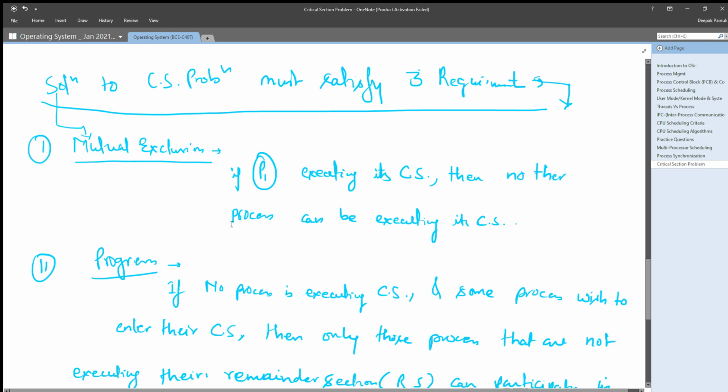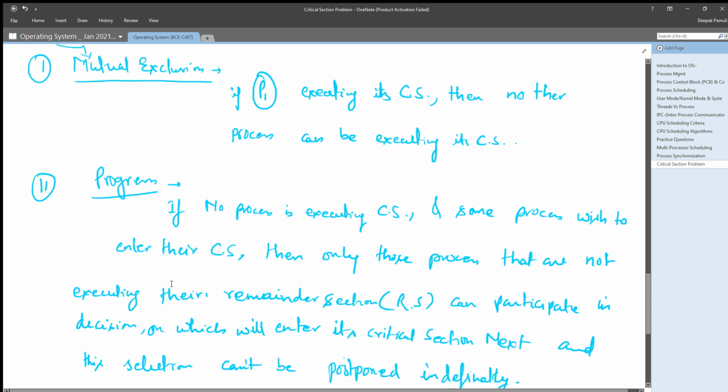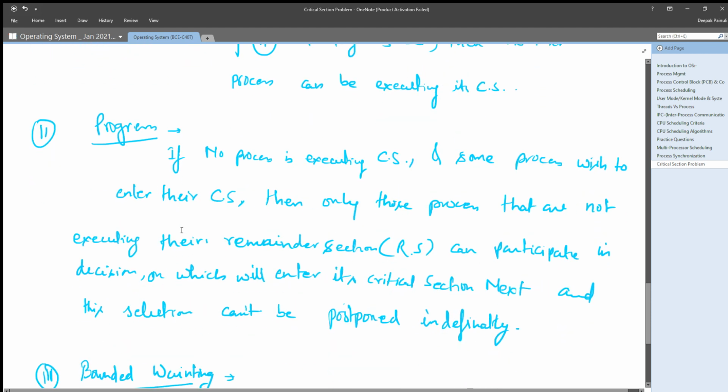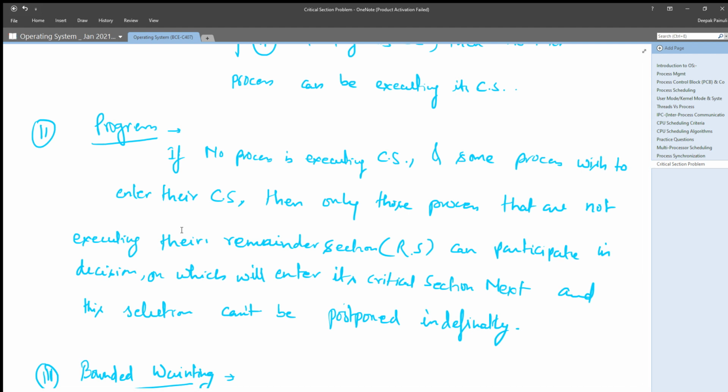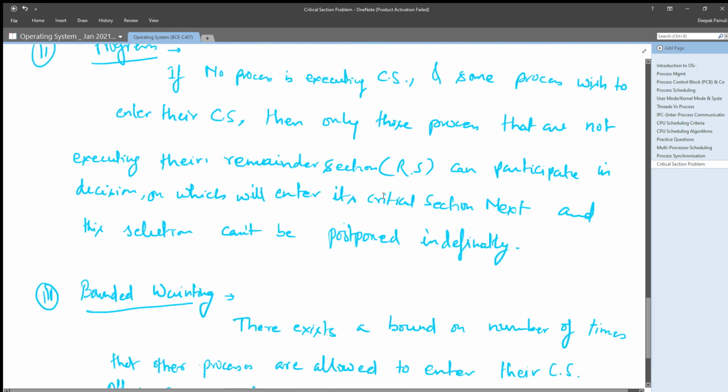First is mutual exclusion, we already discussed it, and second is progress. It simply states if no process is executing its critical section and some processes wish to enter their critical section, then only those processes that are not executing their remainder section can participate in the decision on which will enter its critical section next, right? And this selection cannot be postponed indefinitely.